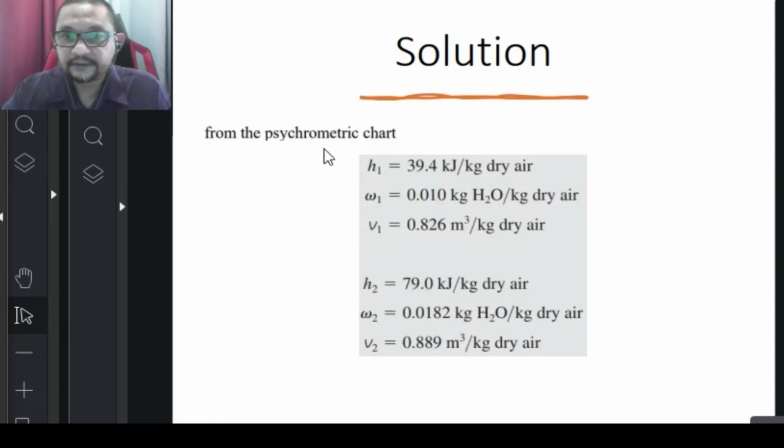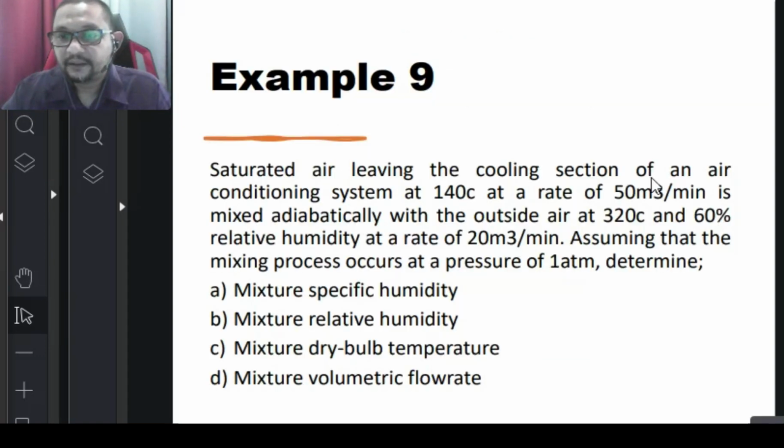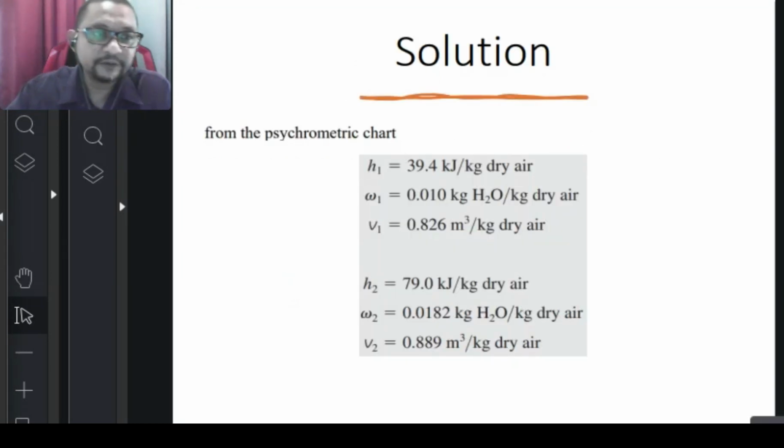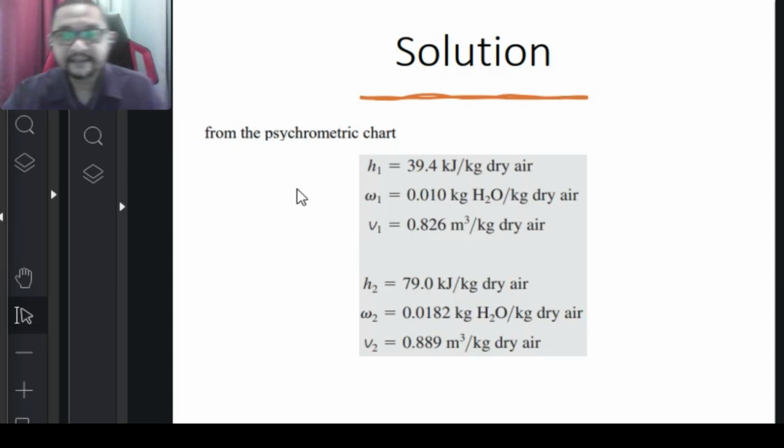Using the psychrometric chart and what has been given in the question, at state 1 you use T1 of 14 degrees Celsius and V dot 1 of 50 cubic meters per minute. From there you get h1, omega 1 and v1.